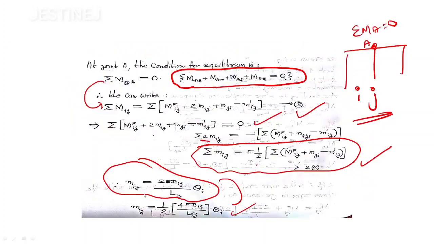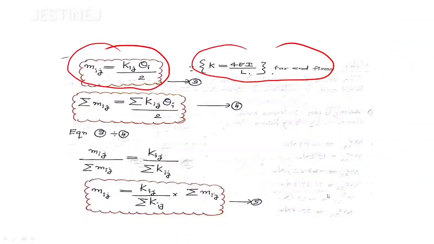Please check this equation once again: we are replacing the term 4EI by L with Kij, so Kij theta i by 2 will occur.